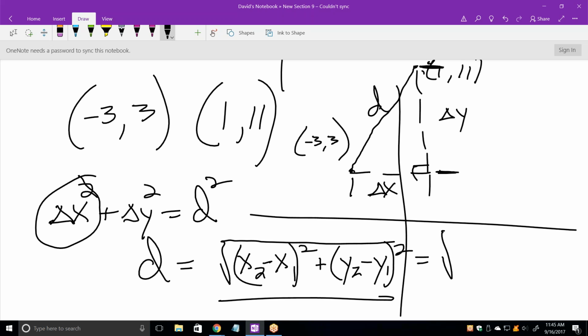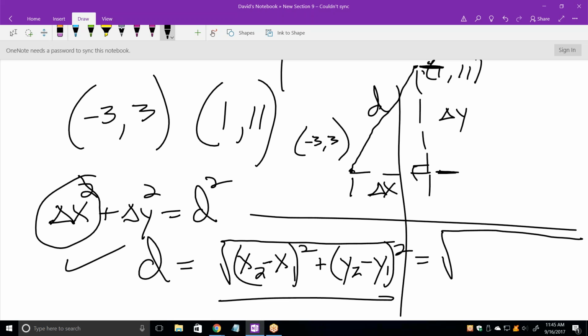What is x sub 2? I didn't hear that, sorry. X sub 2. In other words, we've got our distance formula, and that's really where you want to start the problem, by writing this. But if you have trouble memorizing that, go back to the Pythagorean theorem and realize that this has to be the distance formula.